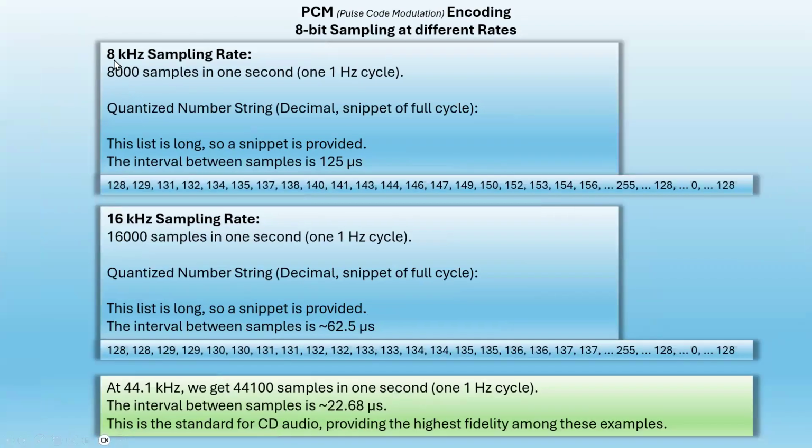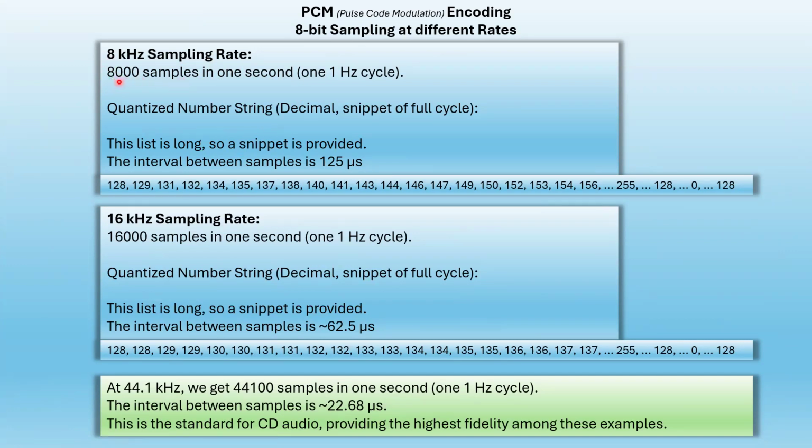So here we have 8-bit of signal with 8-bit bit rate. We have an 8 kilohertz sampling rate, which is going to give us 8,000 samples in 1 second. 8 kilohertz, 8,000 things happening per second.